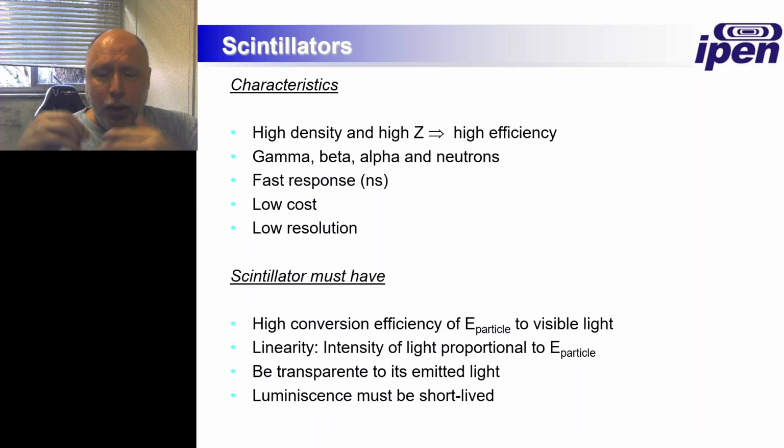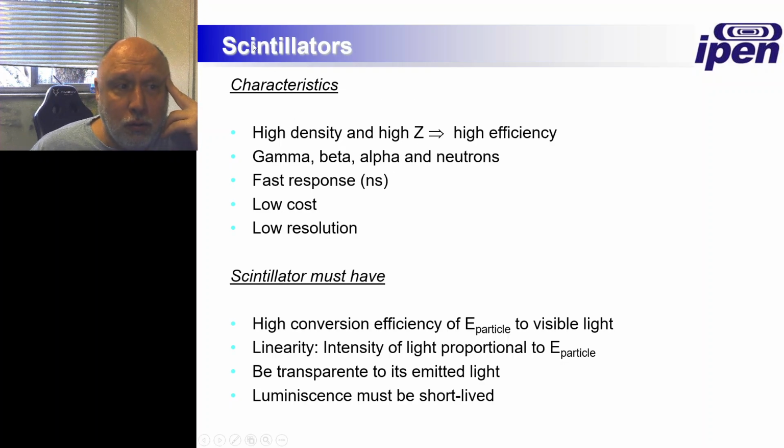Because of the way this whole thing happens, the response is very fast. Sometimes you don't really want to know the energy of the radiation, but you need to be very precise on the time when that interaction happened. Scintillators are very good for it because their response is in the nanosecond scale. They're cheap, but their resolution is not the best.